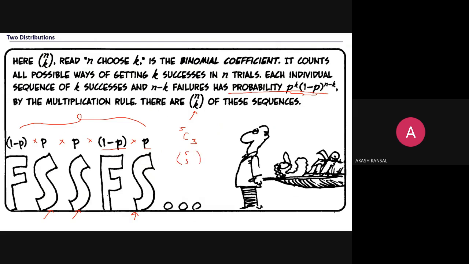What it would be is 5 into 4 into 3 upon 3 into 2 into 1. Your 3 and 3 get cancelled. It will be 20, right? So for 3 successes, there are 20 combinations.